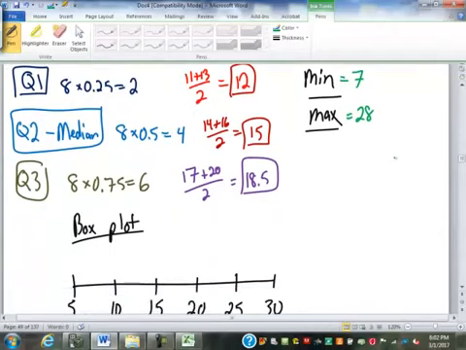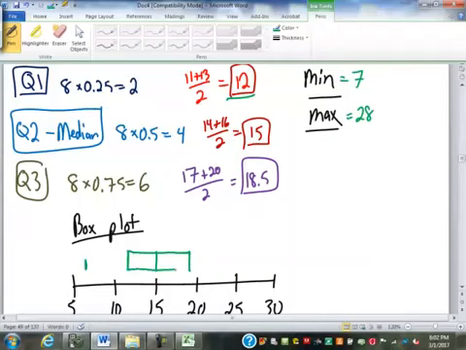So on my box plot at the minimum of 7, I'm going to put a little line there. My first quartile is at 12. So I put a little bit bigger line there. 15, I'm going to put the same size line as at the 12. I'm going to keep it lined up. That's the median. The third quartile is 18.5. That's going to be somewhere in here.